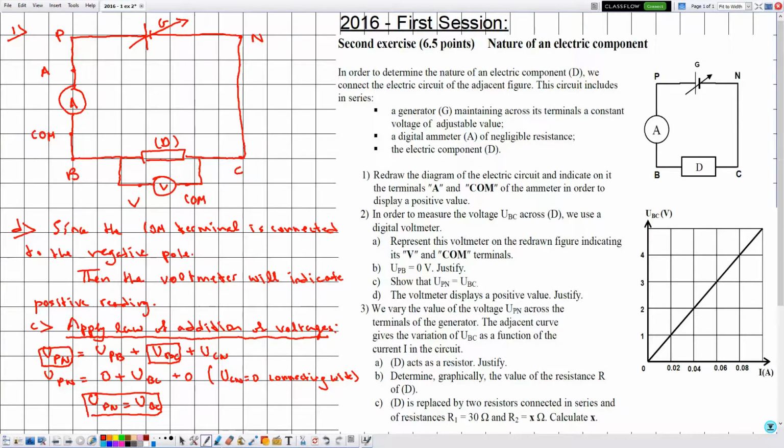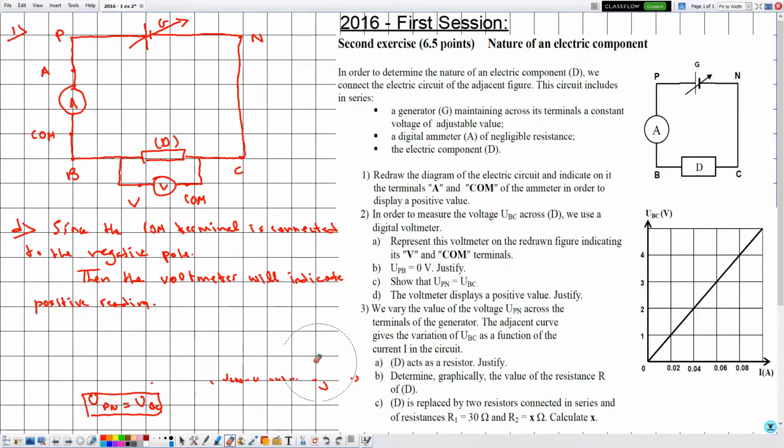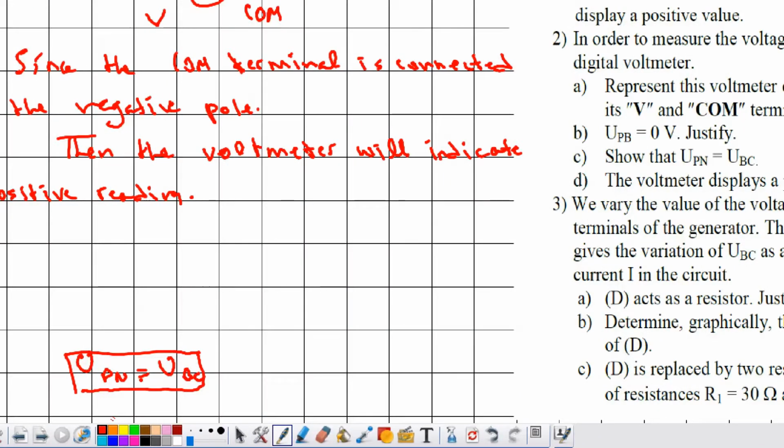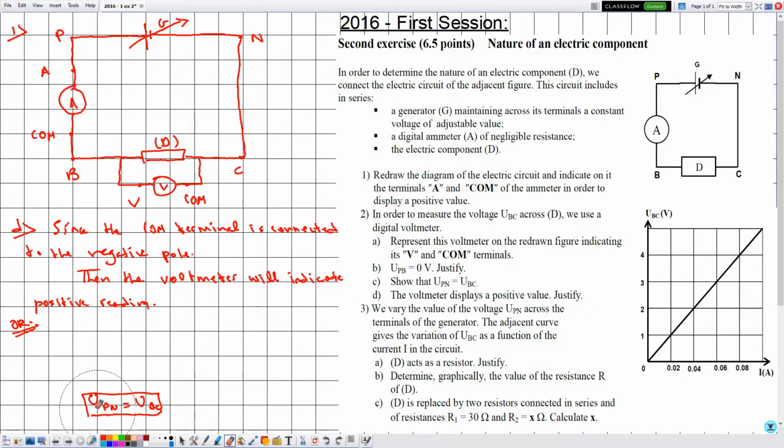One could answer this question in another way, relating it to the previous part. It's always better to answer the question relating it to the previous part. In the previous part we have proved that UPN is equal to UBC.